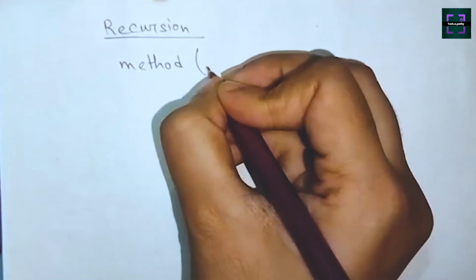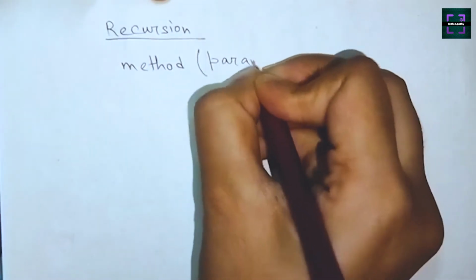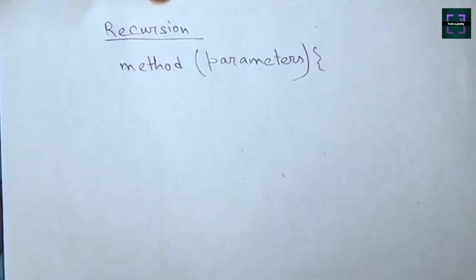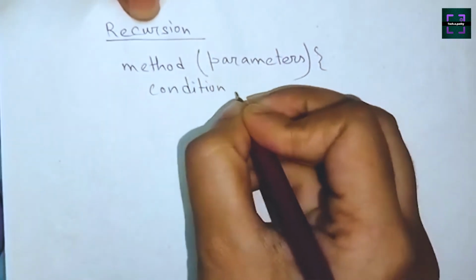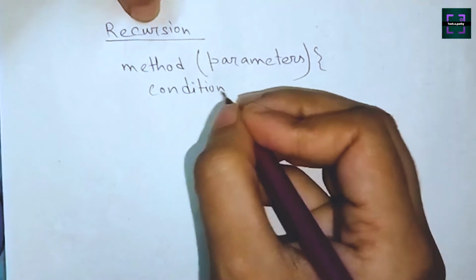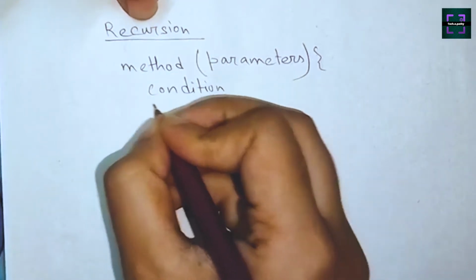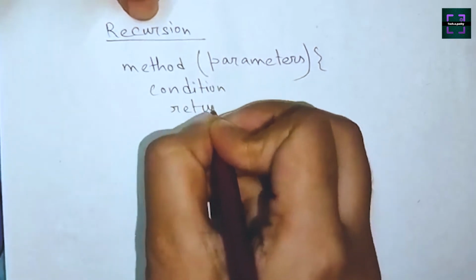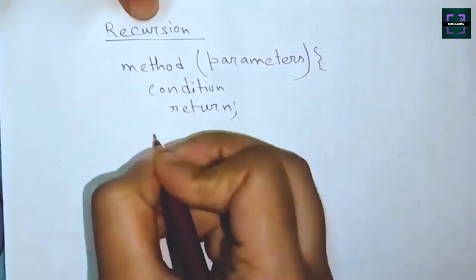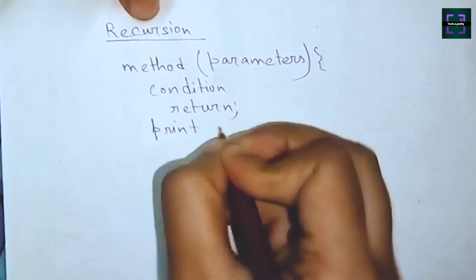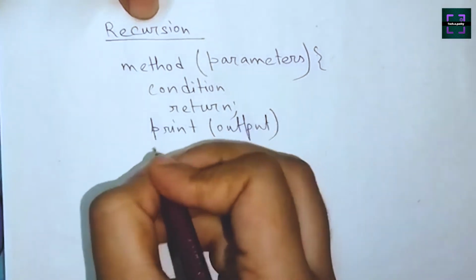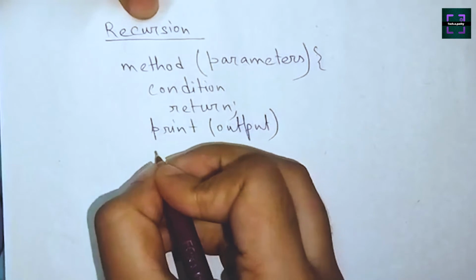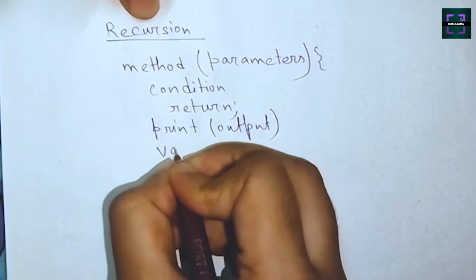So in recursion we create a method and we pass some parameters. Inside it we check some condition. If it satisfies the condition, then it comes out of the loop, so return. Otherwise we print something, print output, or we can simply store something in a variable.